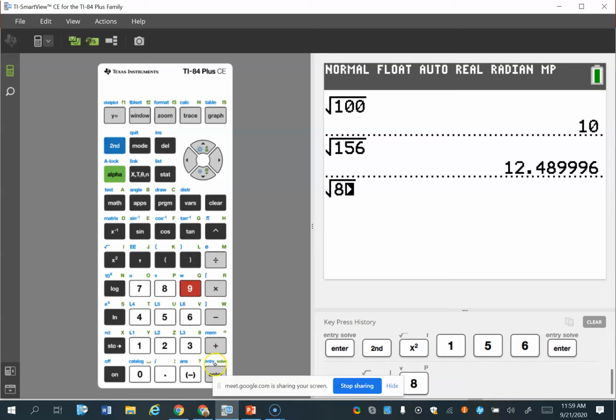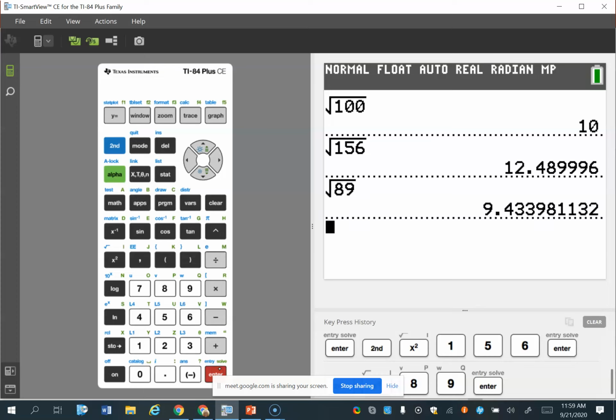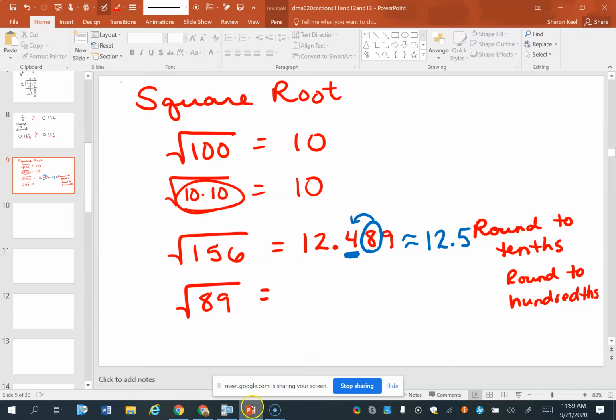So square root of 89, 9.43398. If we are rounding to the hundredths, tenths, hundredths, the 3, so this is going to round to 9.43, which is 9 43/100.